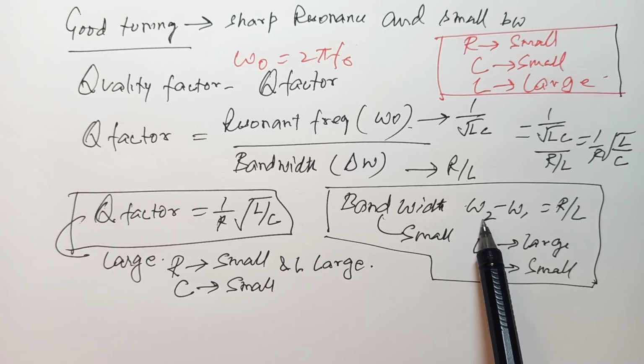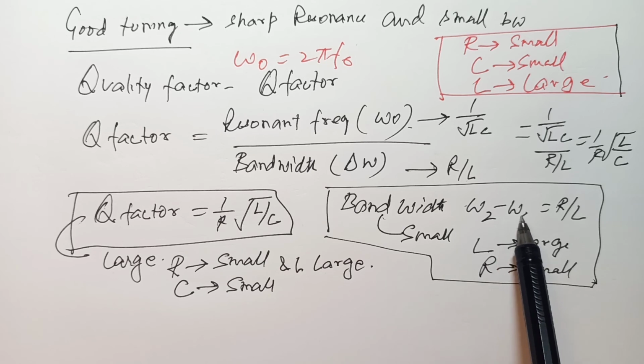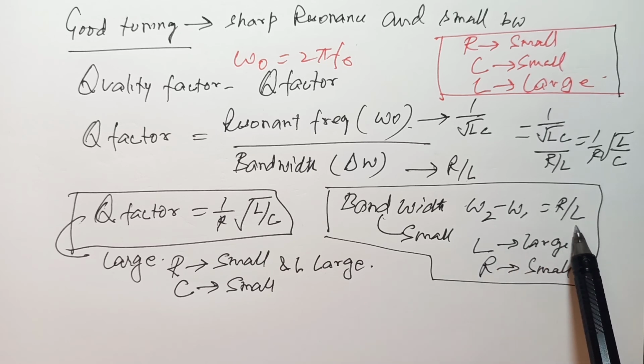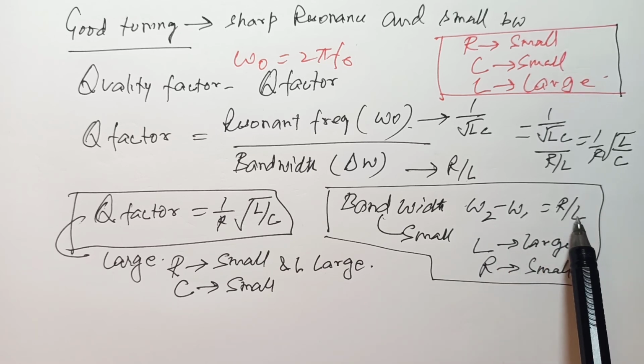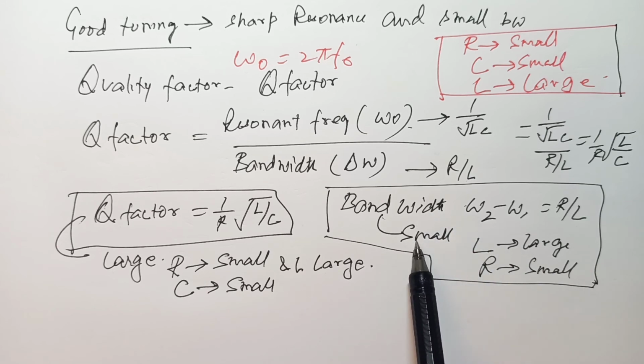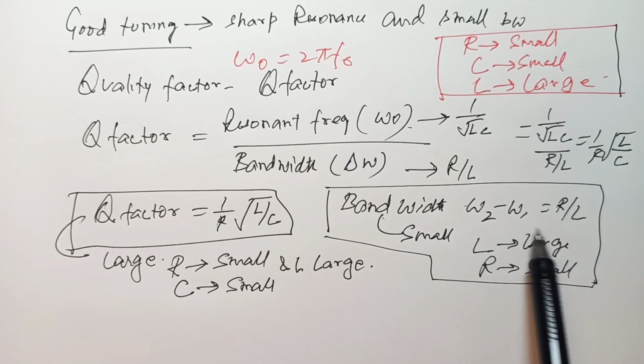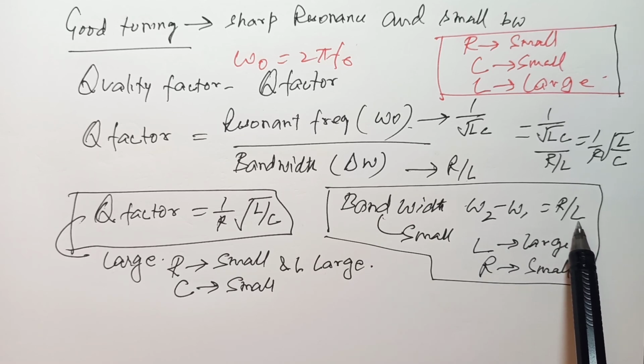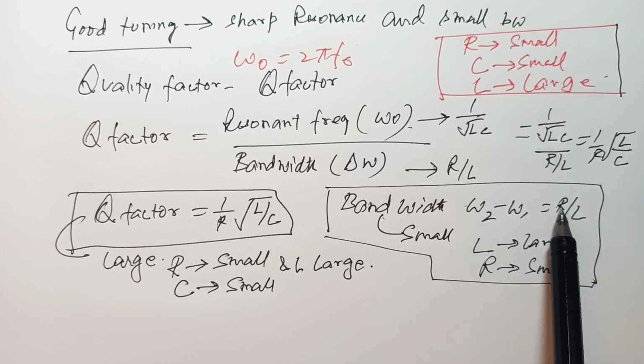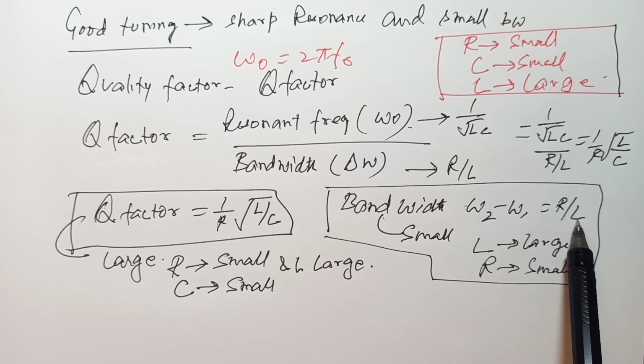Now bandwidth, I just said W2 minus W1 is nothing but R by L. This needs to be very small, so bandwidth needs to be very small. For this to be small, the numerator should be small and the denominator should be large.